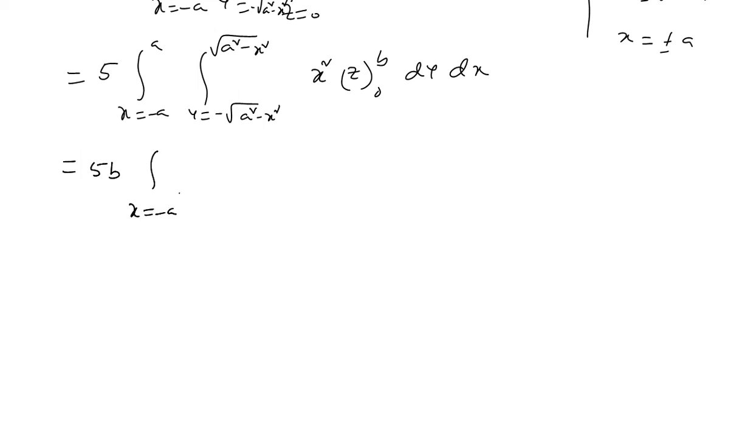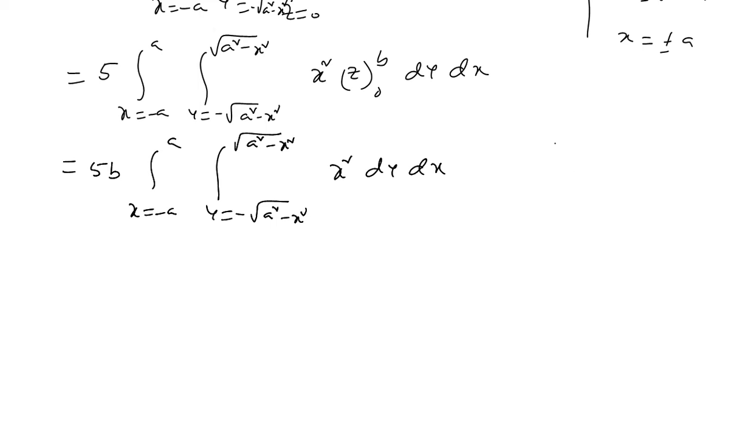Okay, limits: 5b into the integral, x is minus a to a, y is minus root over a square minus x square to root over a square minus x square, dy dx. If we observe, this is an even function with respect to y and also with respect to x.